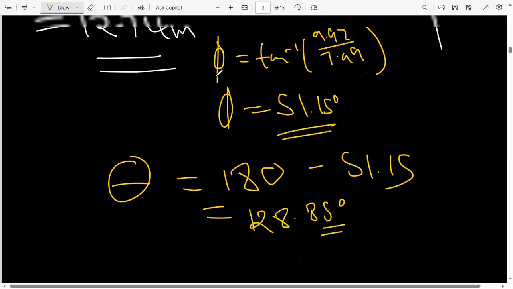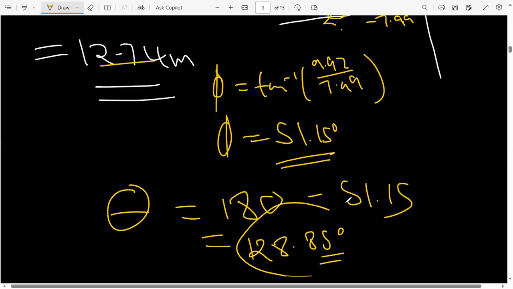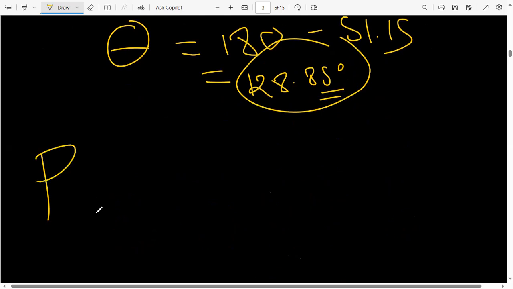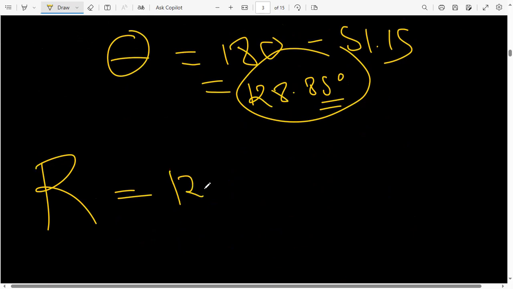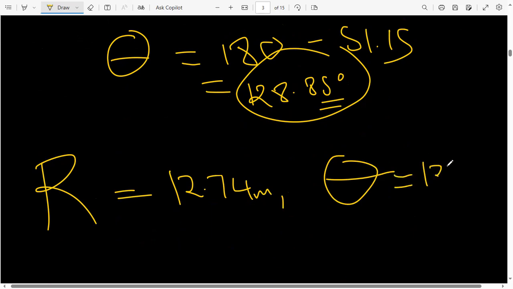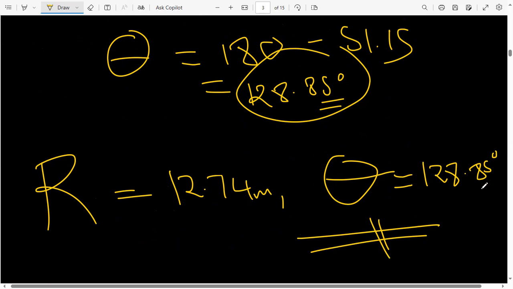So it means we have this as our magnitude and this as our direction. The magnitude is equal to 12.74 meters, and the angle from the positive x-axis is equal to 128.8 degrees. So we found the location of the keys, since that question was practical about finding the location of the keys. The location of the keys will be at this displacement and this direction here.